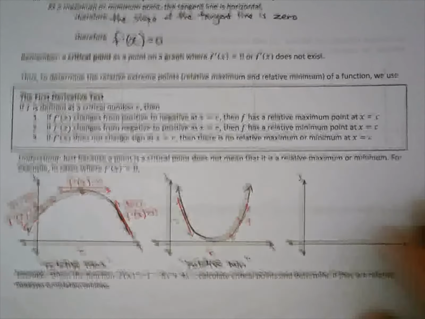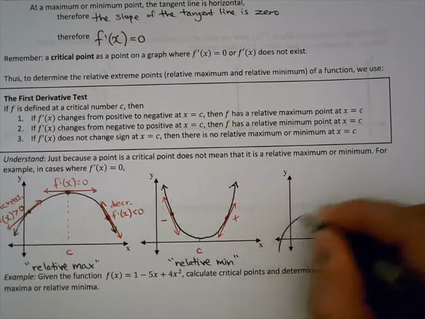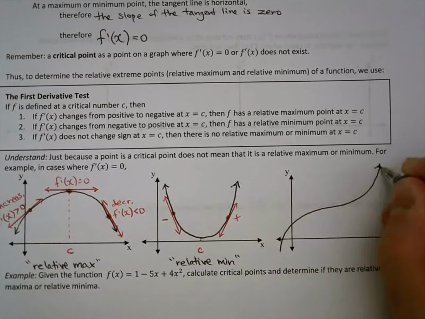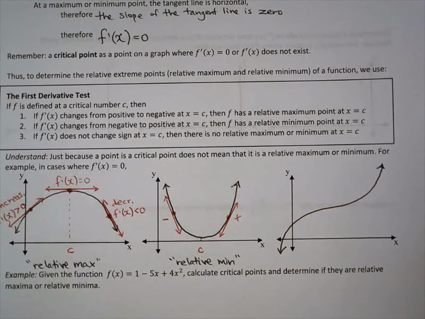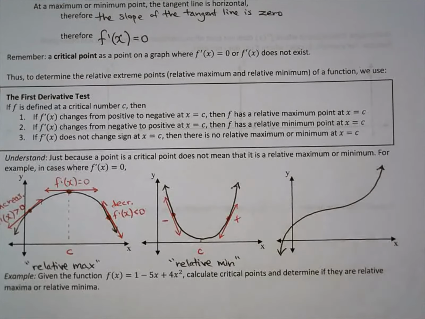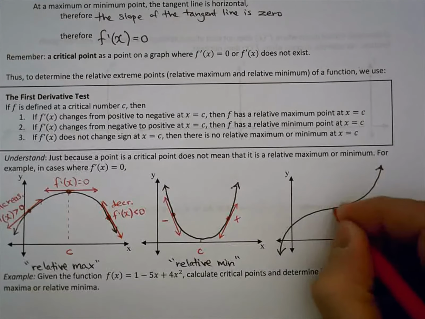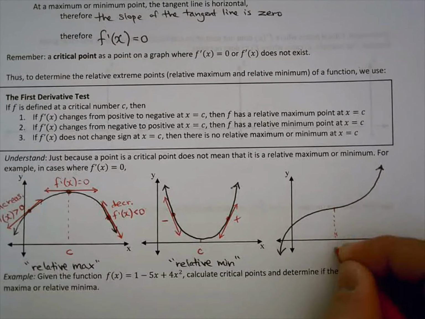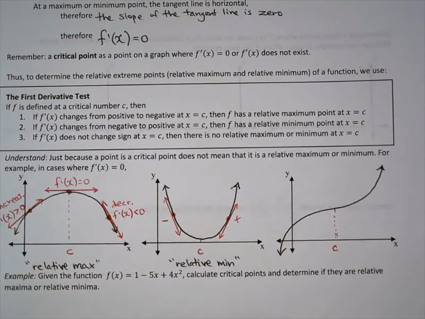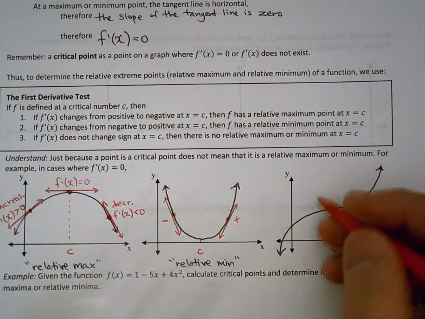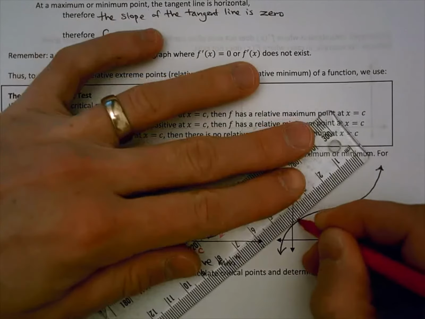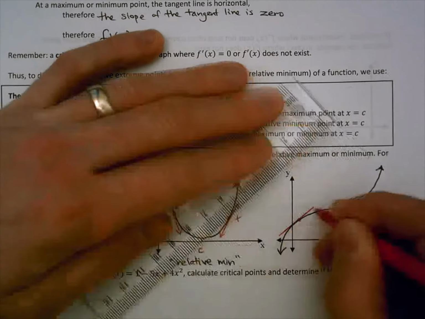Now, let's say I have a function that looks like this. We're going to look more at these this week, but I have a critical number right here. It's a point of inflection, which we'll learn about later this chapter. To the left of that critical number, the slope is positive. The function is increasing.